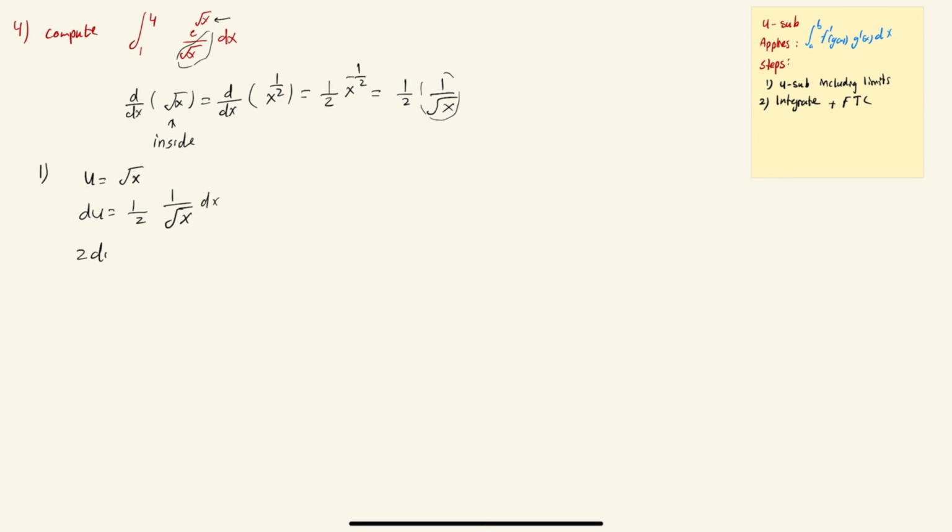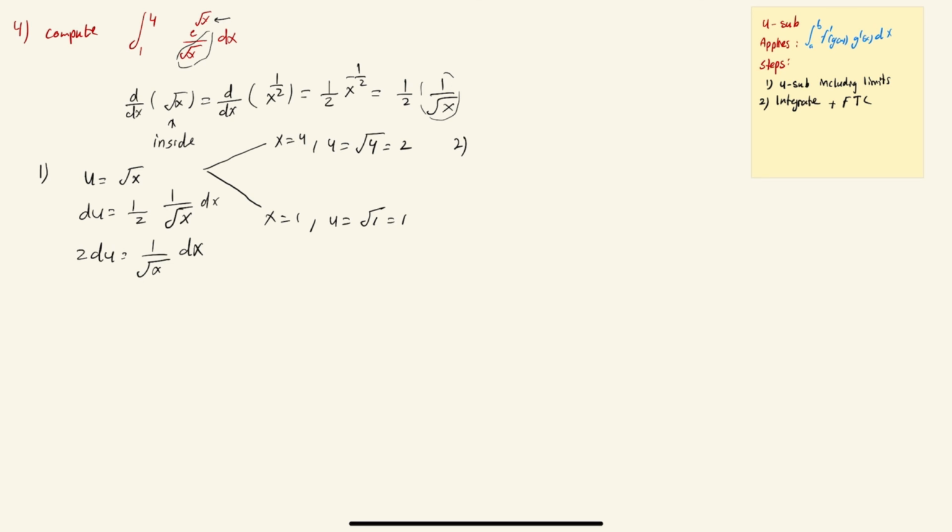So it's going to be 2 du equal to 1 over the square root of x dx. Now, on the limits, let's write these in terms of u. Here x is going to be equal to 1 and 4. When x equals 1, u is going to be equal to square root of 1, and when x equals 4, u is going to be equal to 2.